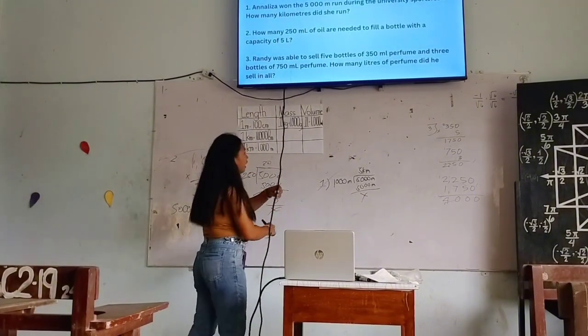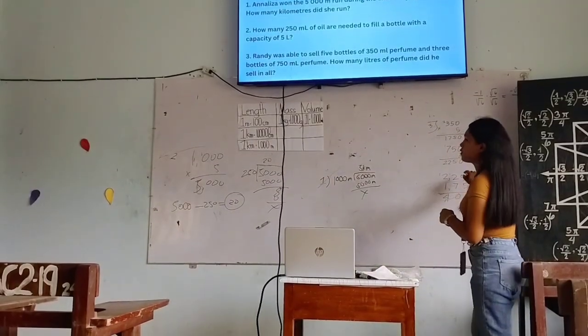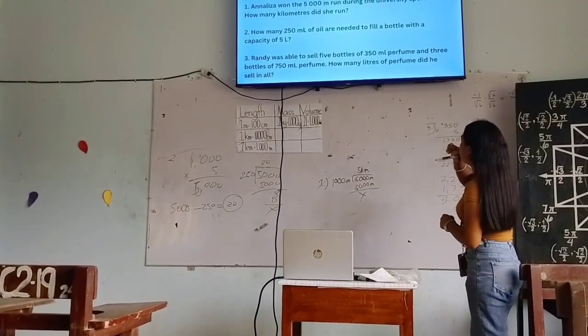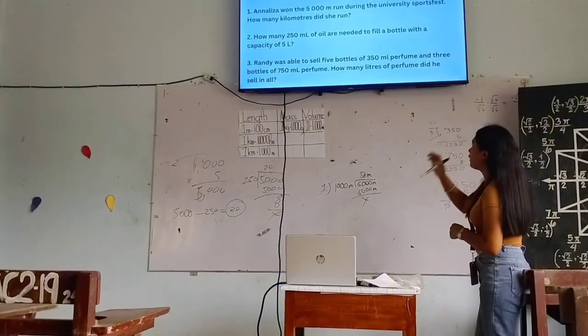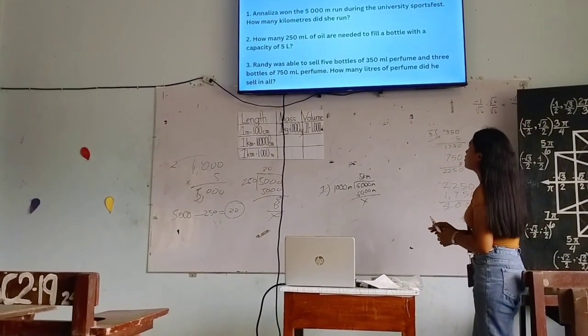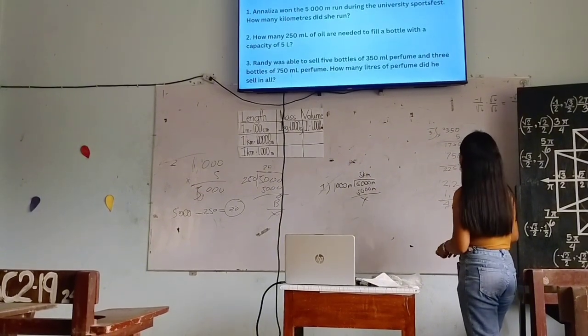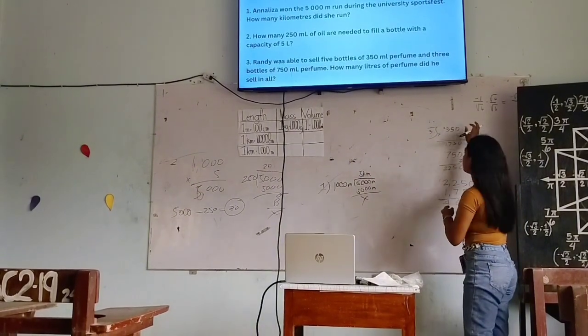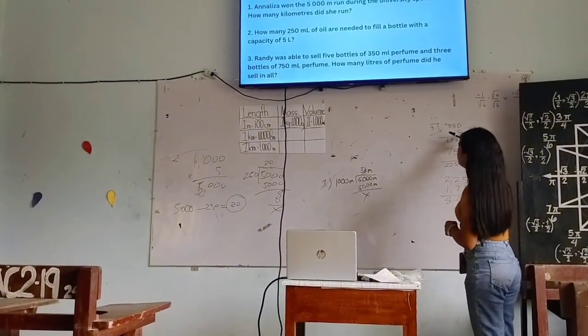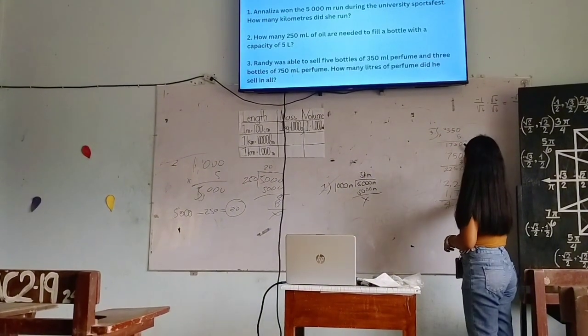Now, number 3: Randy was able to sell 5 bottles of 350 ml perfume and 3 bottles of 750 milliliter perfume. The question is, how many liters of perfume did he sell in all? So, first you are going to multiply by the number of bottles. So, 350 times 5.